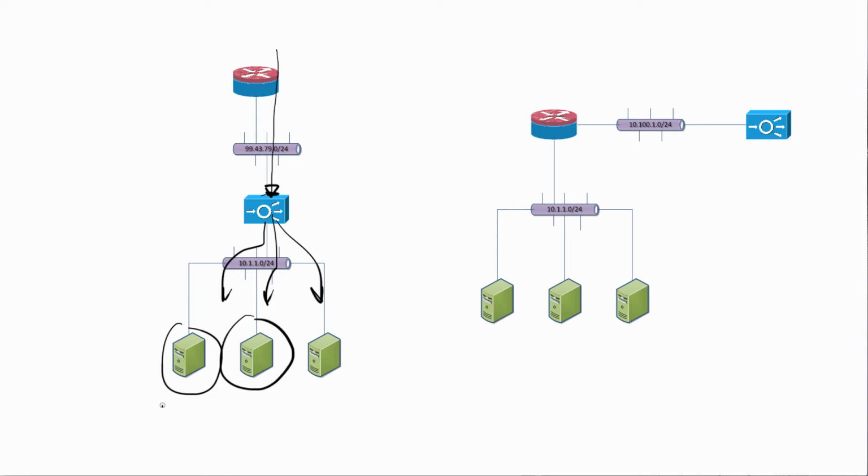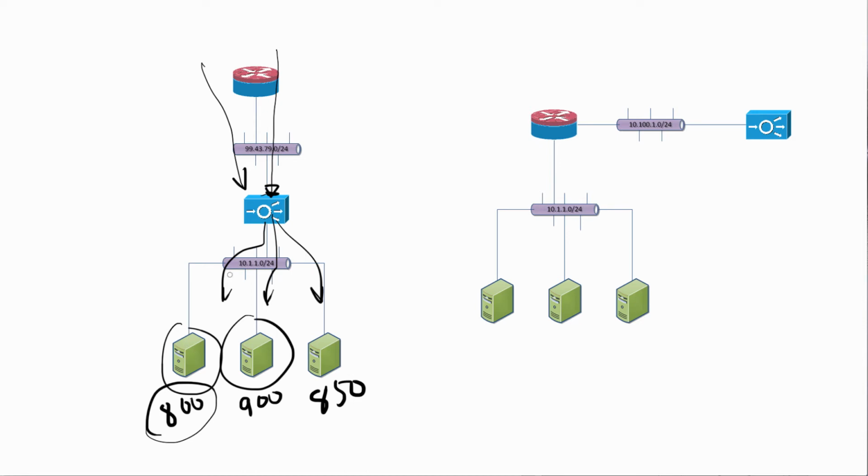So let's say this server has 800 connections, this one has 900, and this one has 850. What the load balancer is going to do in least connections is, when a new connection comes in, it's going to look at these counts here, and it's going to say, okay, this one has the least, so I'm going to send that connection to here.